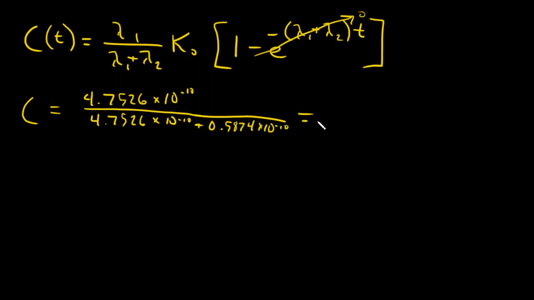Alrighty, when I do that ratio, I wind up with 0.89 K naught. So 89% of K naught becomes calcium.